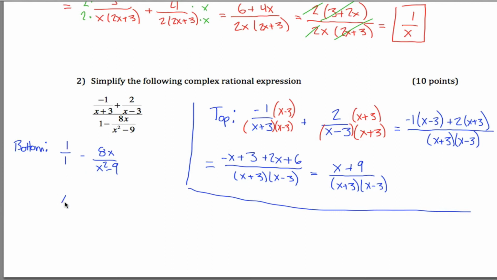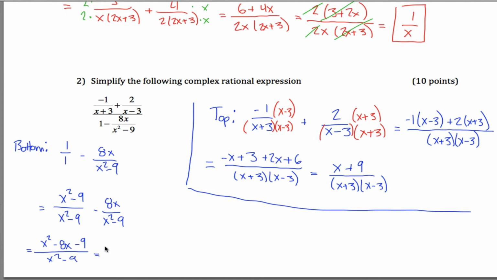So instead of 1 over 1, I can multiply the top and bottom by x squared minus 9 and get x squared minus 9 over x squared minus 9 minus 8x over x squared minus 9. And now that I have a common denominator, I can just subtract the numerators: x squared minus 8x minus 9 divided by x squared minus 9.